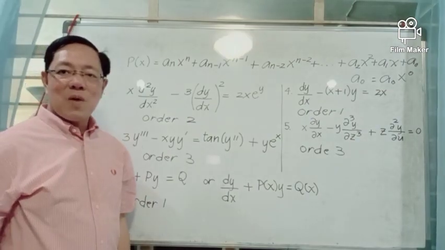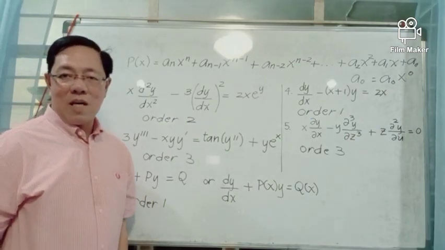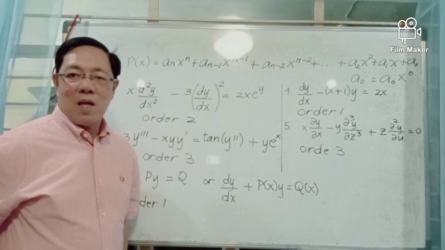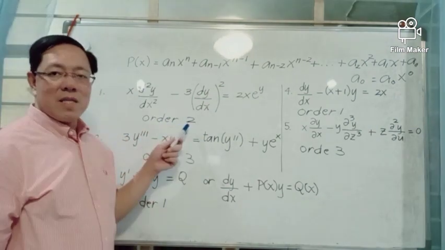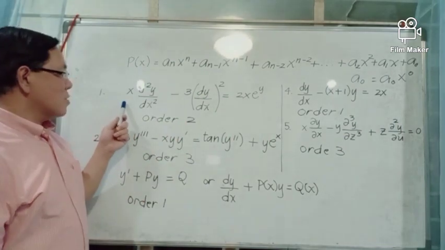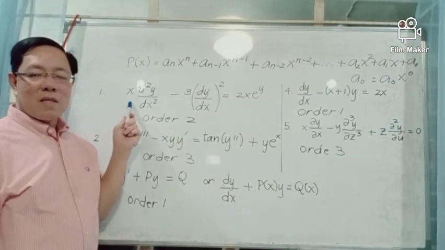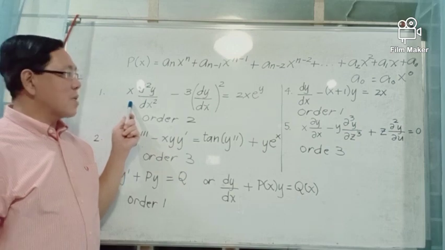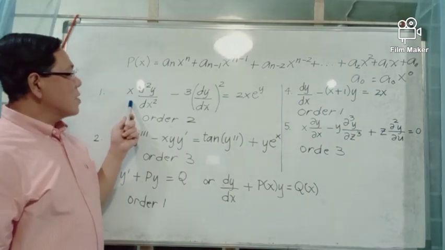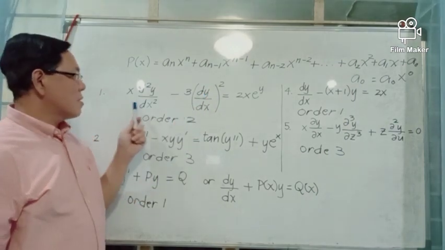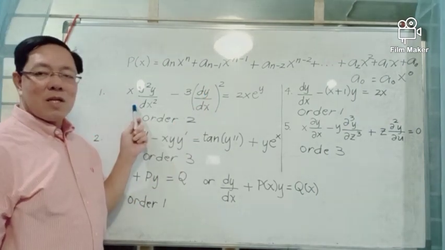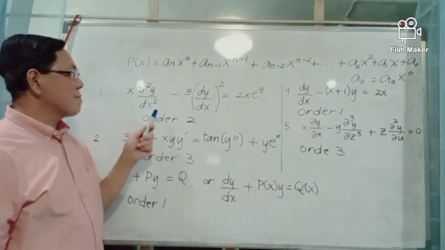A differential equation that can be written as a polynomial equation in its derivatives can have a degree, such as this one. This differential equation can be written according to the highest exponent of the derivative of y, so this is a polynomial equation in the derivatives of y.